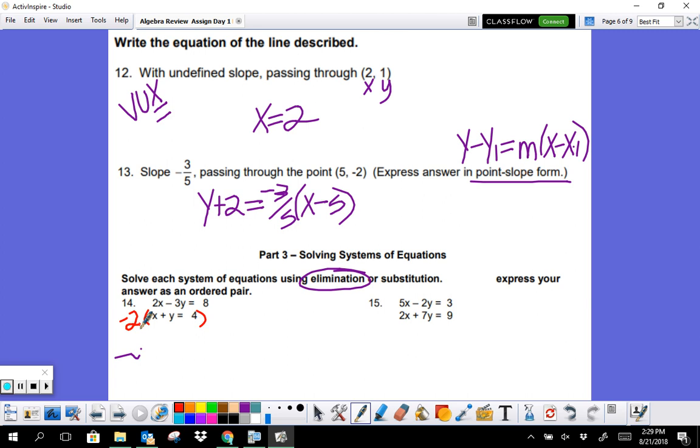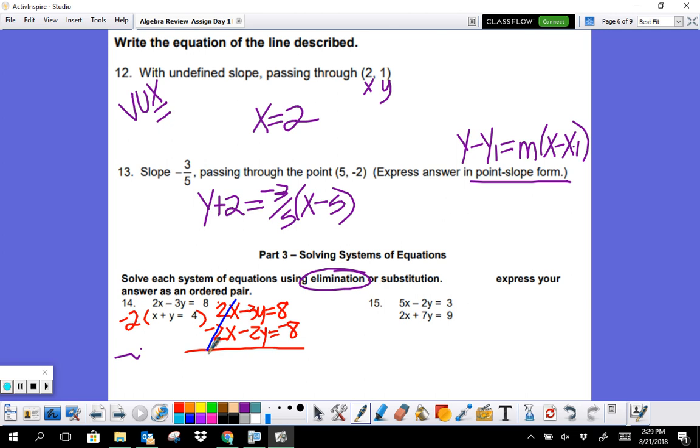Okay, and I'm going to rewrite both of these equations. So that first equation is 2x minus 3y equals 8. And now my second equation is negative 2x minus 2y equals negative 8. And now, if I add down, guess what happens to my x's? They eliminate.